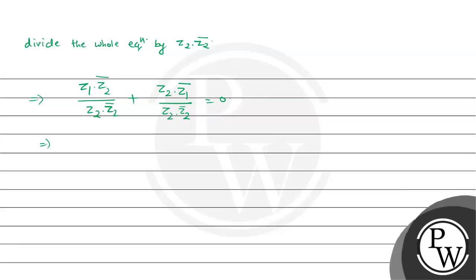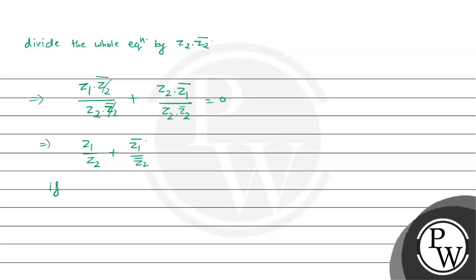You can see z̄2 and z̄2 get cancelled. We get z1/z2 plus z̄1/z̄2 equal to 0.